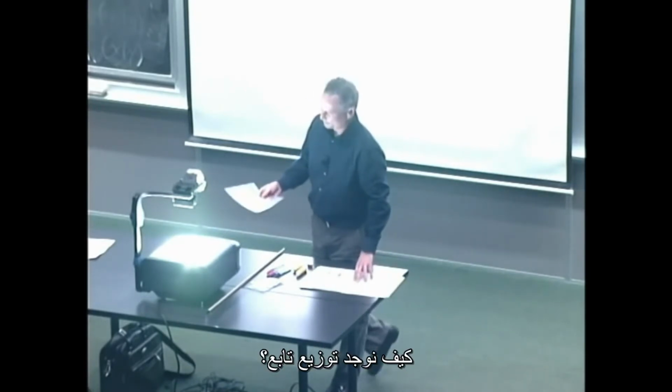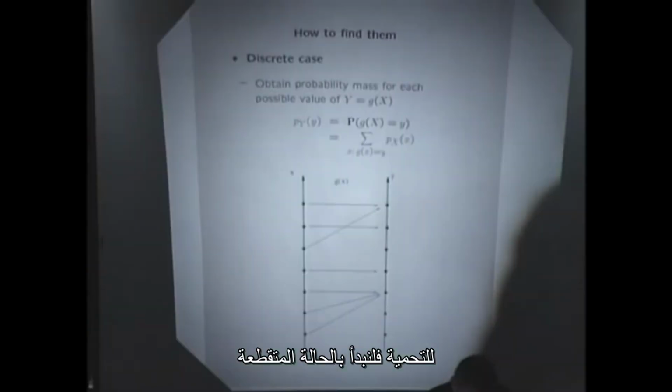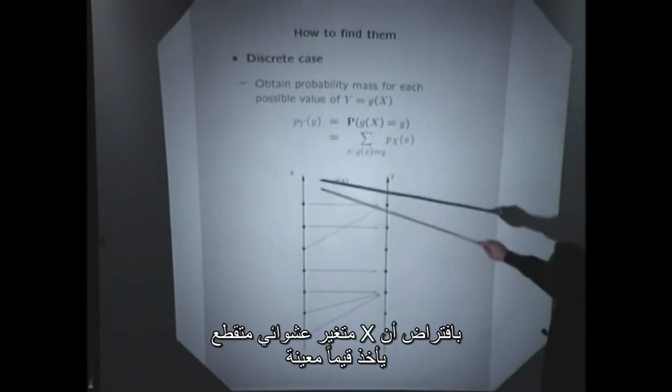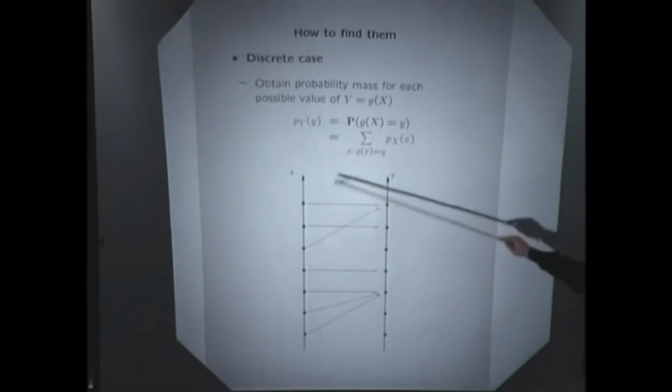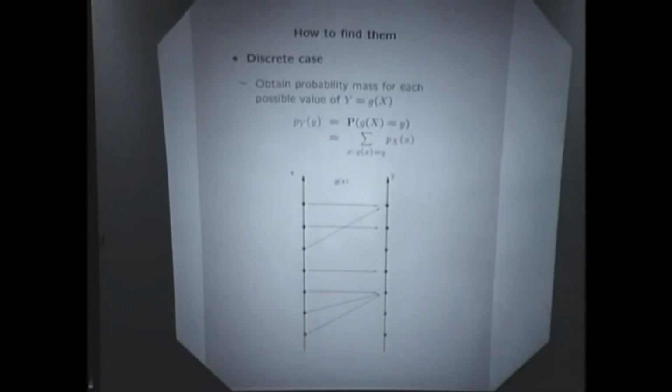So how do we find the distribution of a function? As a warm-up, let's look at the discrete case. Suppose that x is a discrete random variable and takes certain values. We have a function g that maps x's into y's, and we want to find the probability mass function for y.